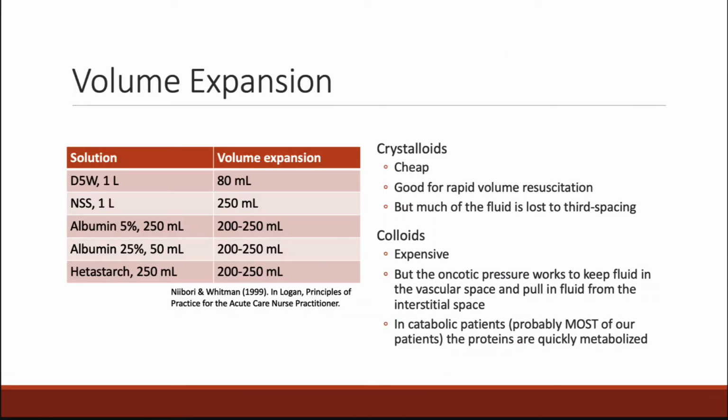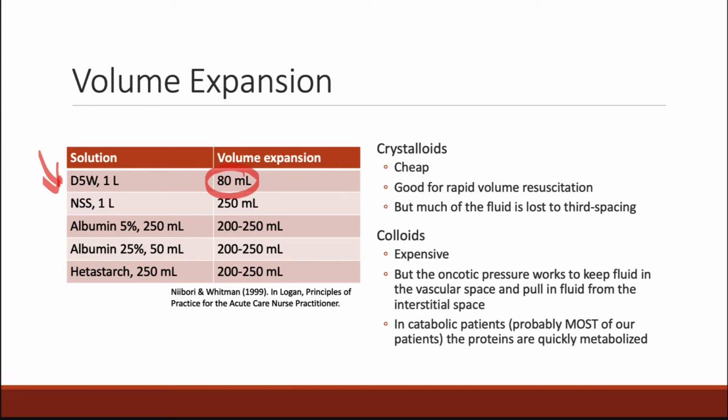You can take a look at that. So how do we give fluids when we need to? Well, this table is a super important table. Glenn Whitman wrote this for me a long time ago. And this is one of the top take-homes from that whole project that I have kept with me to this day. And that is that when we give a liter of D5W, we only get 80 cc's of volume expansion.